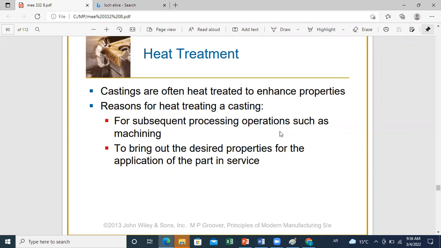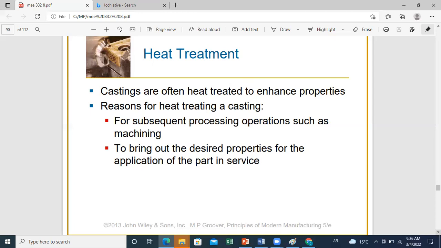So in case you have an application with restricted tolerances, it's not enough to do sand casting. You should continue to process and do some machining operation to enhance the surface finish of your cast. And another objective of heat treatment is to bring out the desired properties for the application of the part in service.